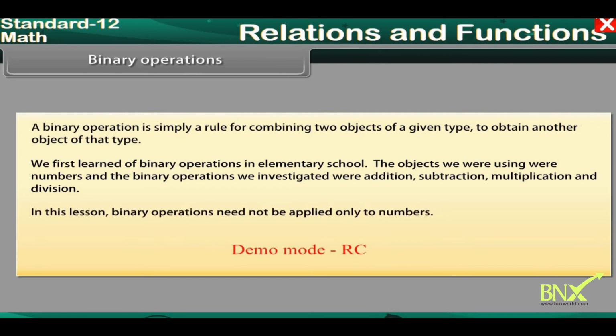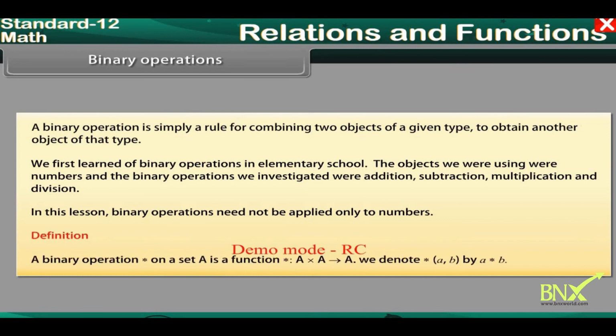In this lesson, binary operations need not be applied only to numbers. Definition. A binary operation star on a set A is a function star from A cross A to A. We denote star(a, b) by a star b.